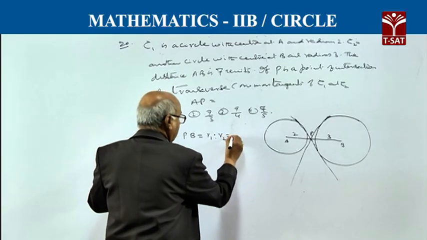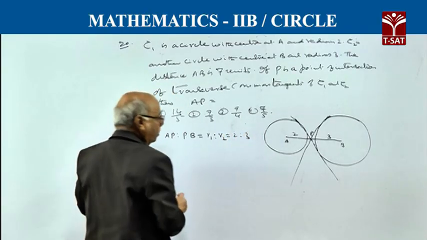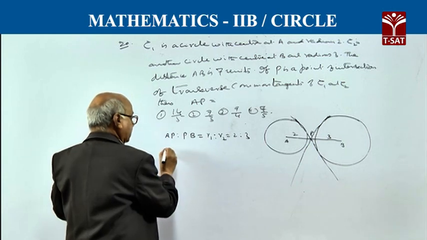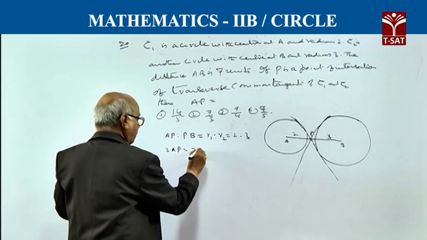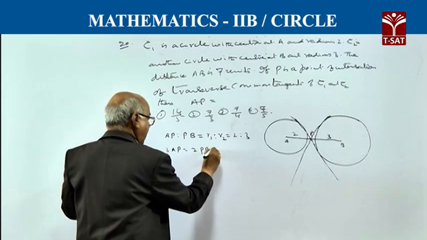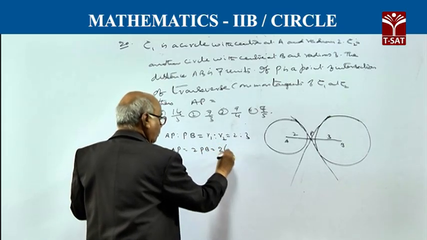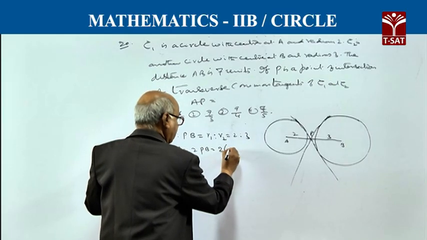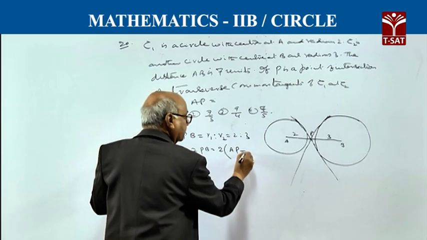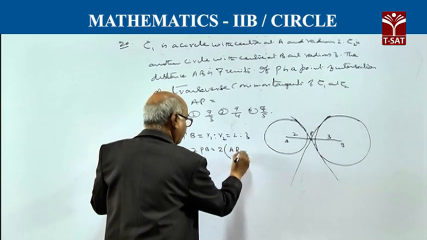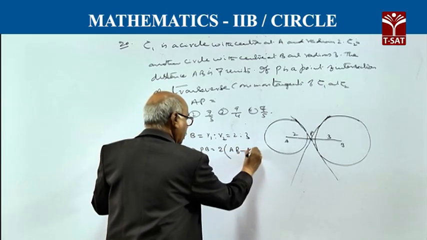And this is 2:3. So that means 3AP is equal to 2PB, and 2 into PB can be written as AB minus AP.